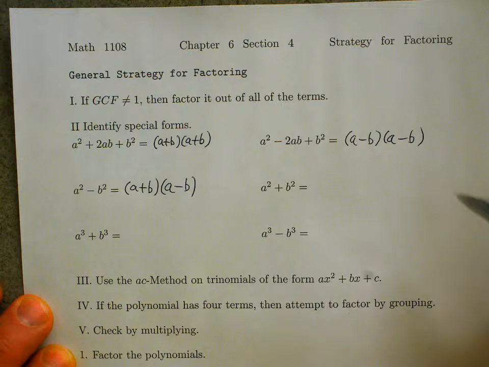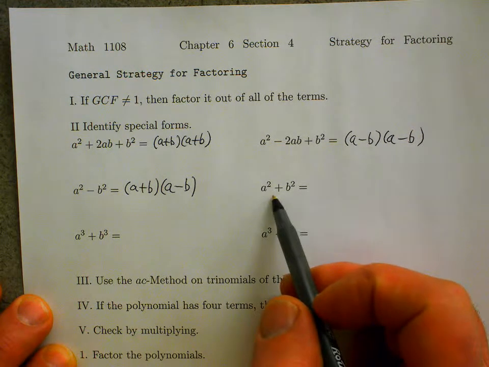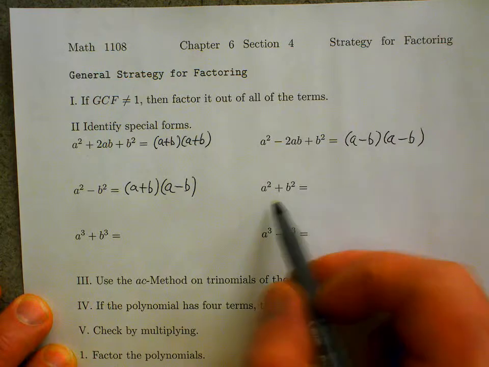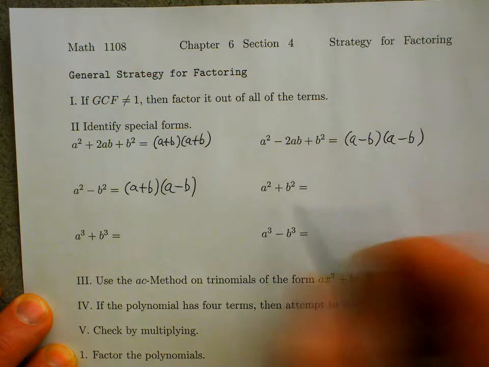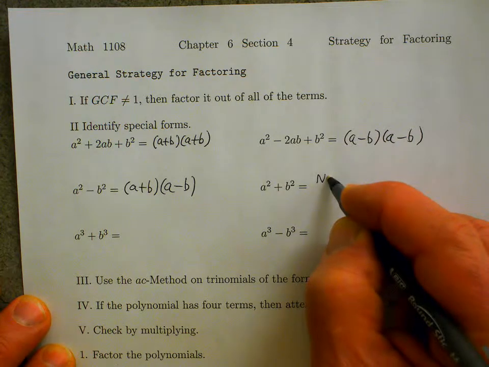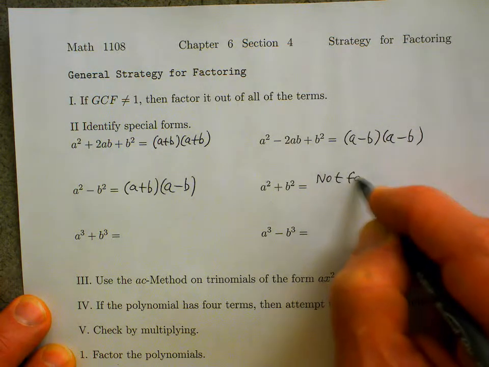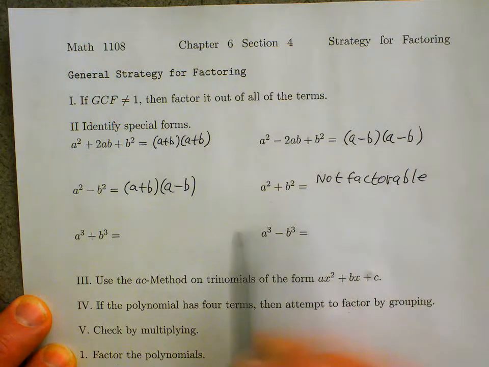In this course, we don't factor a sum of squares. It can be factored. If you want to learn how to factor that, take college algebra. But for here, we just say not factorable over the real numbers.